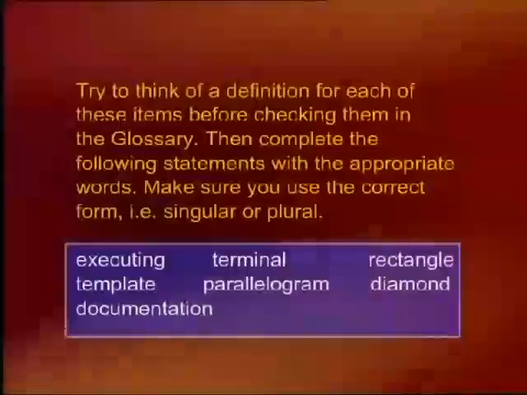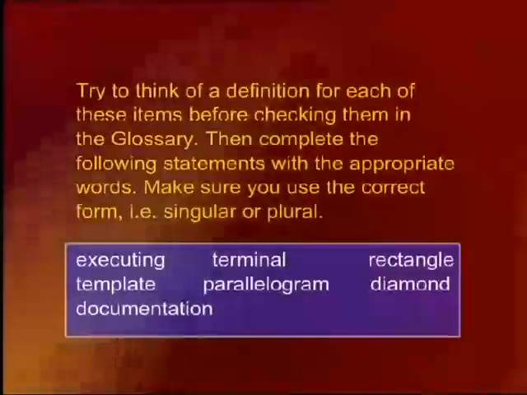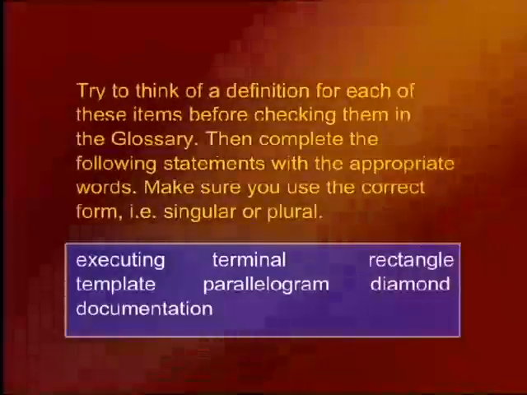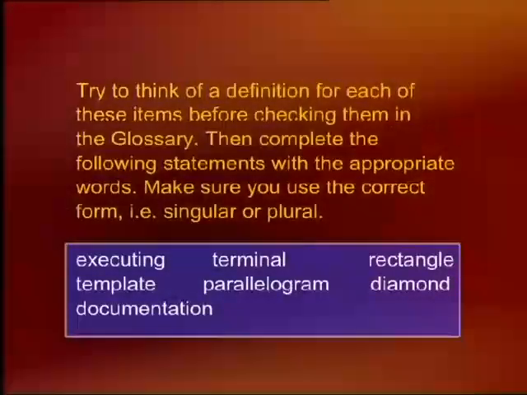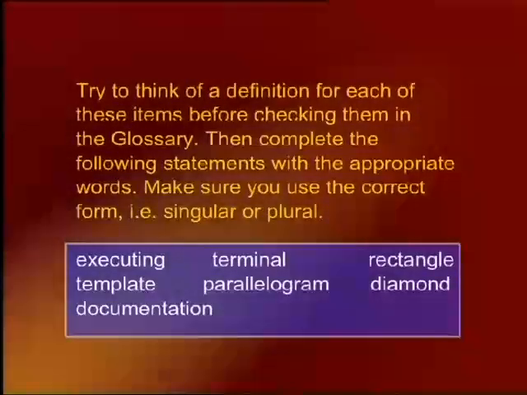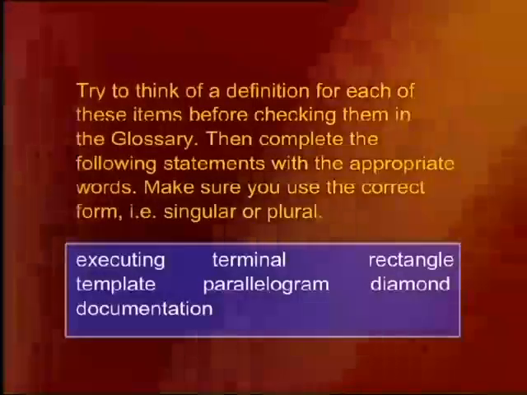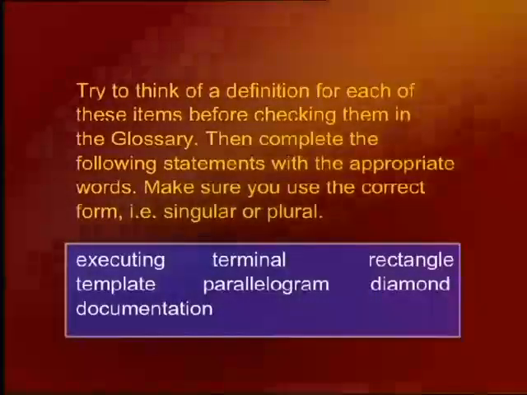Next we will review the contents that you read. Now, just try to remember, try to think of a definition for each of these items. You will see in the box, in the word bank.